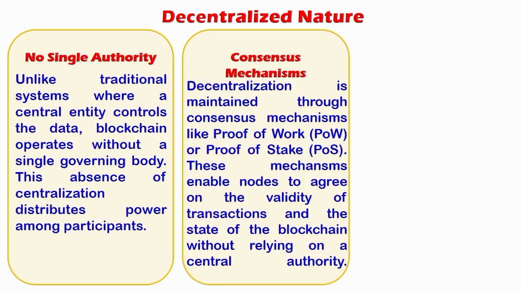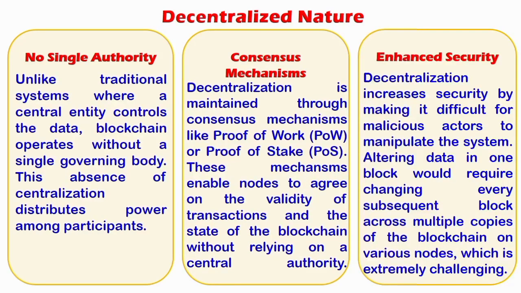Instead of waiting for a central authority to approve things, these mechanisms help all the computers, that is all nodes, agree on what is legit in the blockchain. That way, transactions stay honest, and the blockchain stays strong without needing that one.